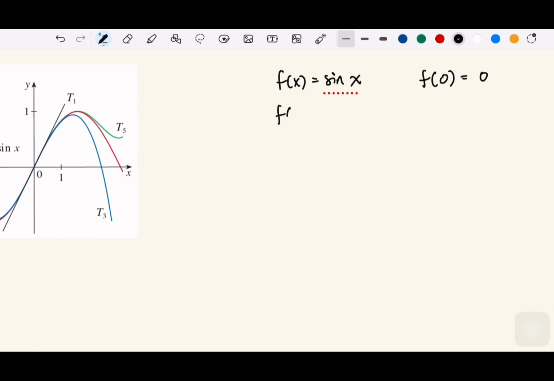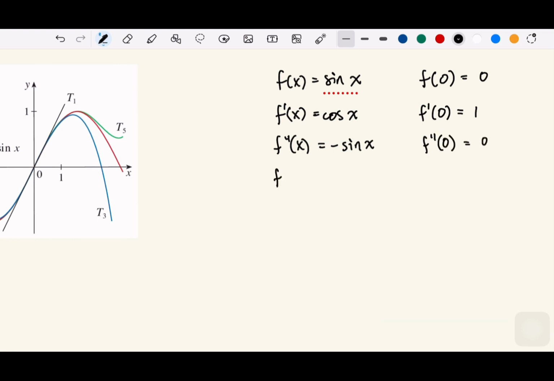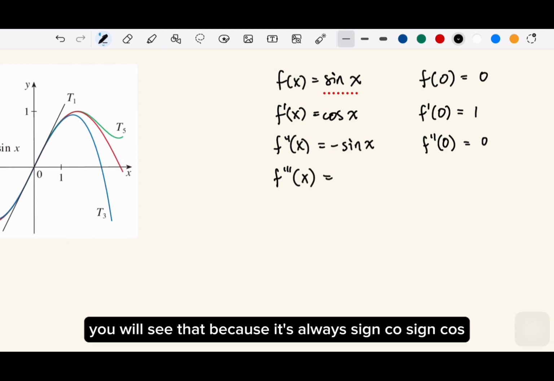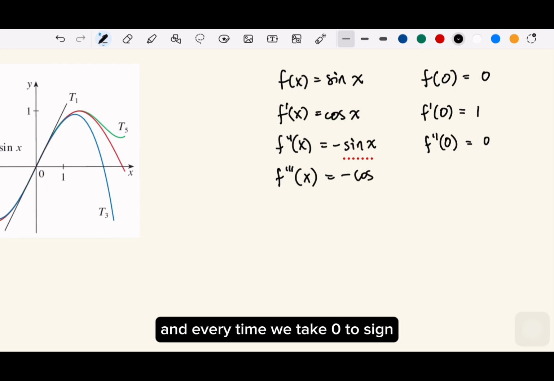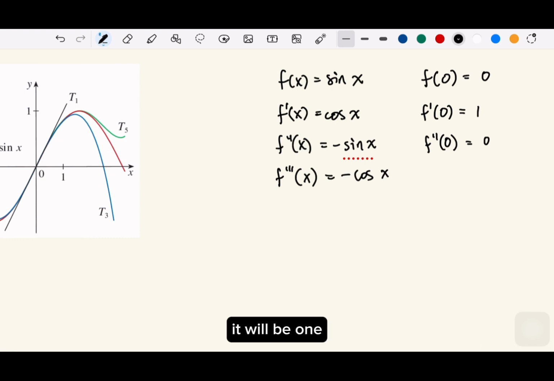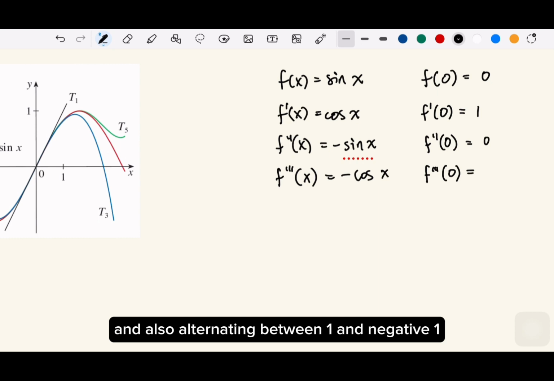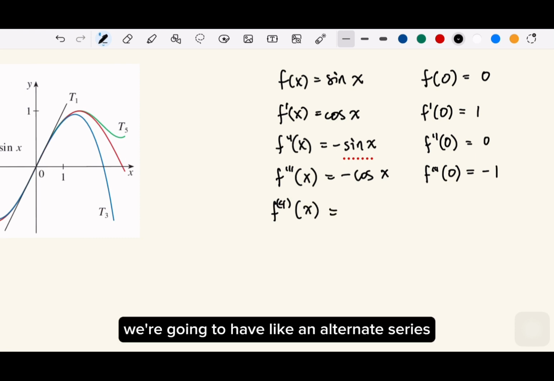Taking several derivatives, you will see that because it's always sine, cosine, every time we take 0 for sine it will be 0, but every time we take 0 for cosine it will be 1, also alternating between 1 and -1. Then we can make a short conclusion that we're going to have an alternating series.